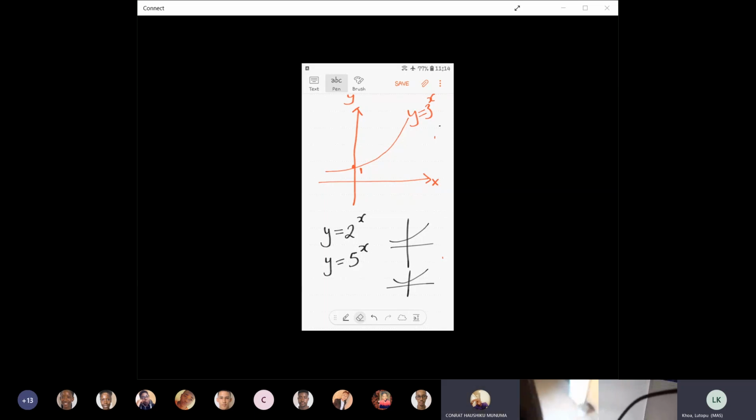And I said that one will look like it's reflected in the y-axis. So y is equal to 2 to the power of minus x is half to the power of x.